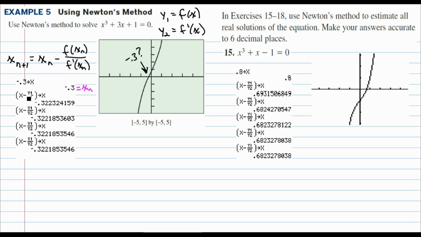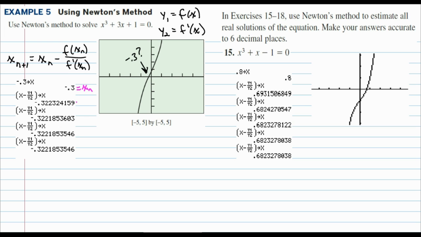I just tell my calculator, take the x value I just stored, x sub n, subtract y sub 1 divided by y sub 2, which will automatically calculate that x value, and store that as the new x value.